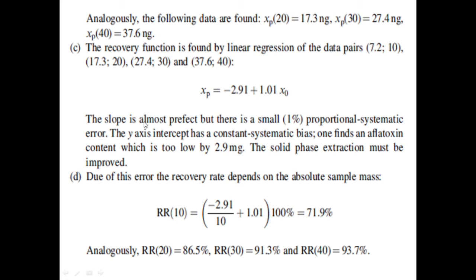The slope is almost preferred, but there is a small proportional systematic error. The y-axis intercept has a constant systematic bias. One finds an aflatoxin content which is too low by 2.9 nanogram. The solid phase extraction must be improved.